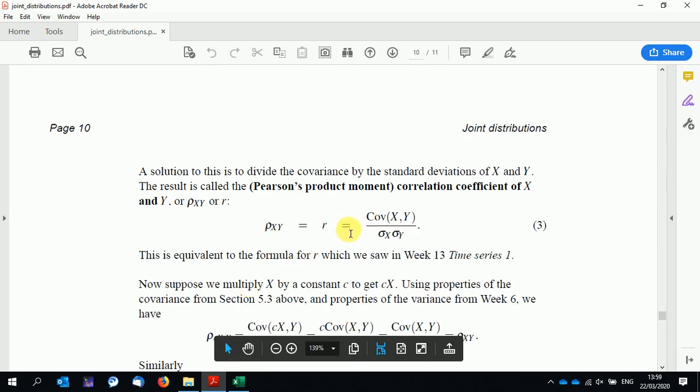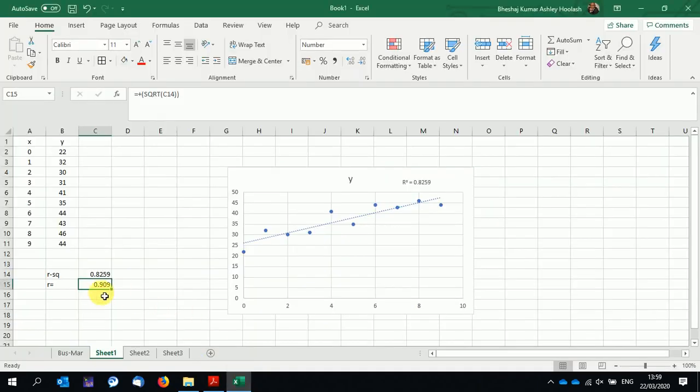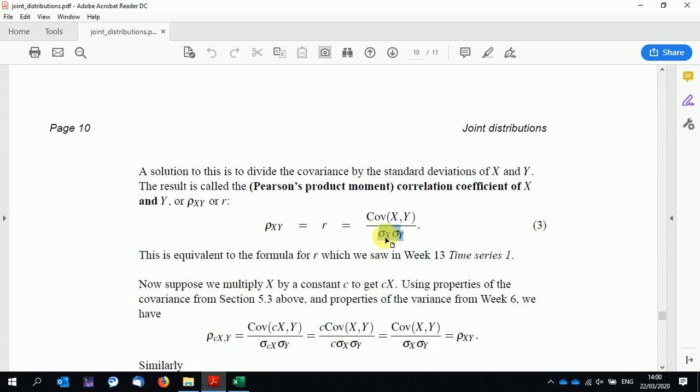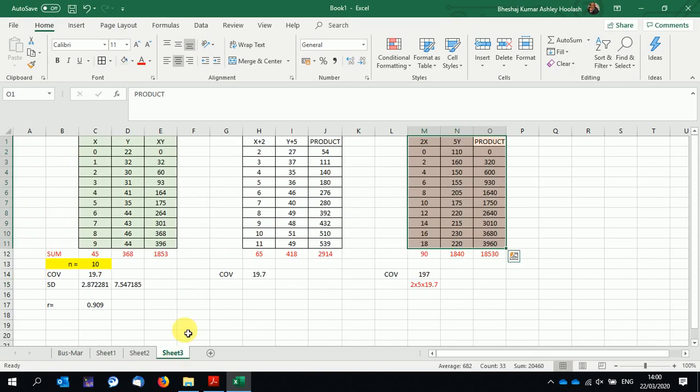And well, it's given to you here. The value of r can be obtained by having the covariance dividing by the product of the standard deviation of x and y, right? So you know how to find covariance. The next question in the exams could be find the correlation coefficient, and this is the formula you're going to use. I've quickly done it for you just to double check using this here. So the covariance is 19.7.